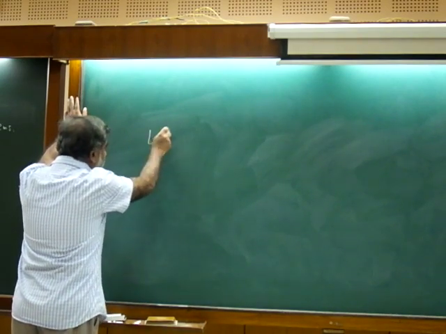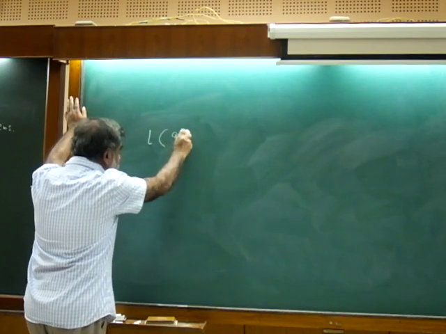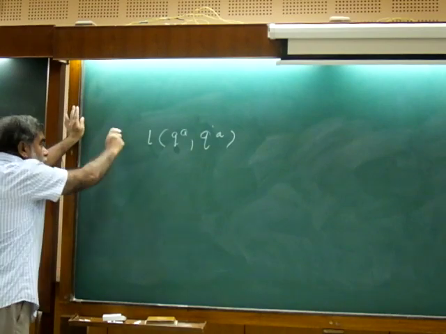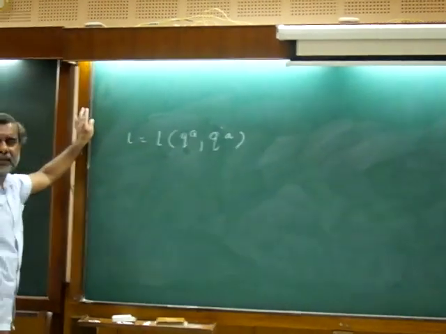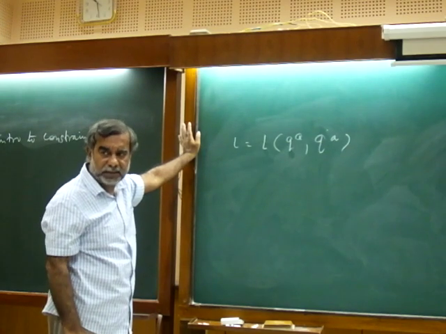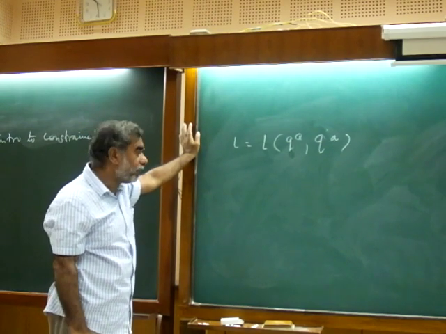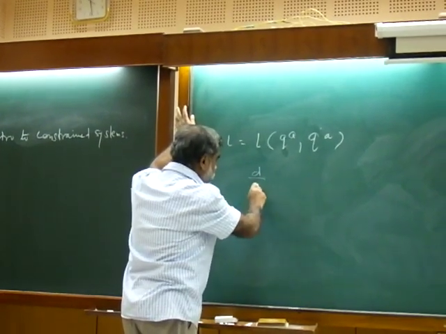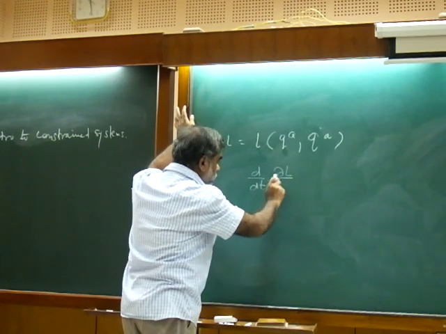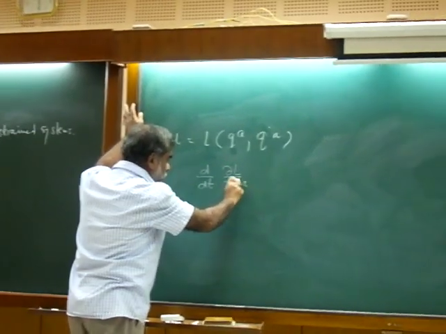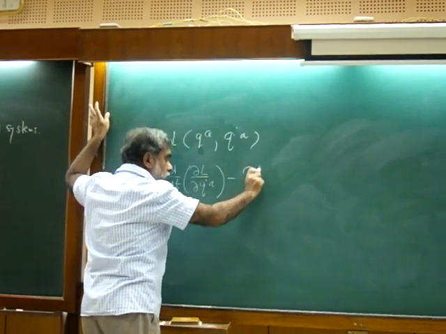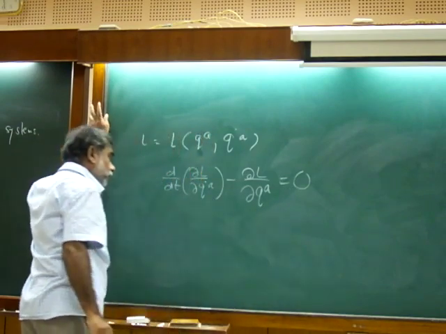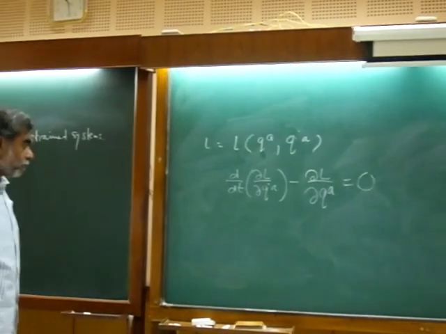So suppose you have a Lagrangian which is just a function of the generalized coordinates and the velocities. Okay. Then the Lagrange's equations of motion is this, right?